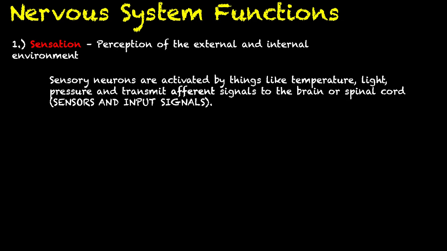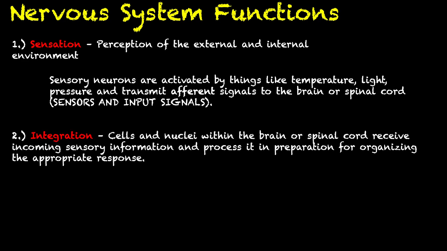So sensory neurons, we'll learn about sensory neurons in the next lecture, are activated by things like temperature, light, pressure, and when they sense these things, they transmit electrical information, we call these afferent signals, to the brain or to the spinal cord. So as far as sensation goes, these sensory neurons are acting as both sensors and the means by which we send input signals to the control center.